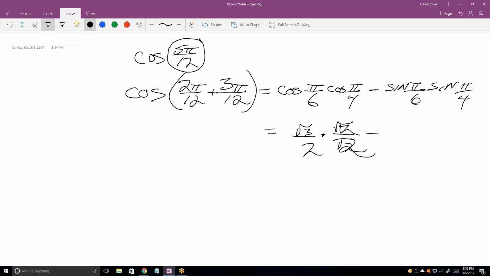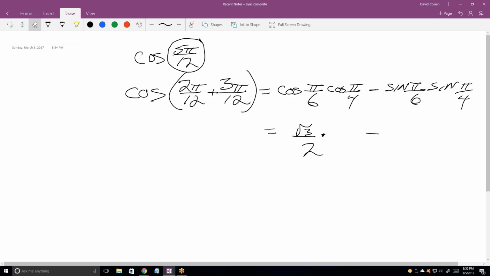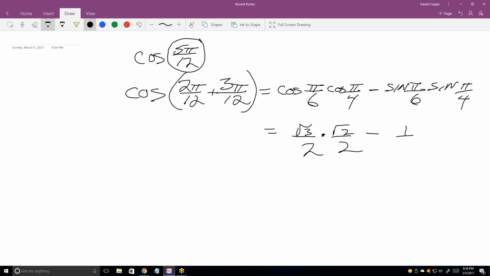If we were adding or subtracting, definitely it would matter, because we would have to come up with a common denominator. But I'll still write it like that, just because it doesn't hurt anything. And sine of pi over 6? 1/2. Sine of pi over 4? Root 2 over 2.